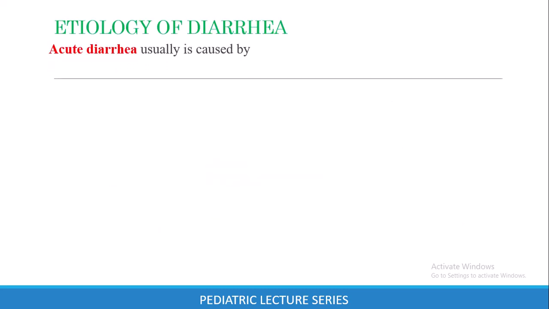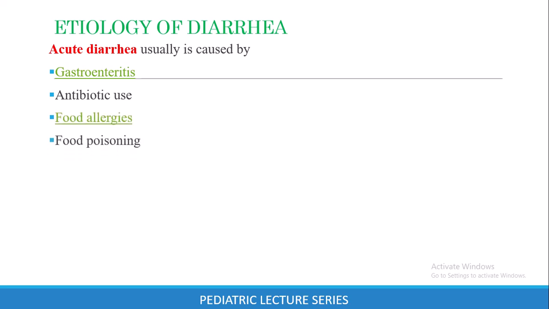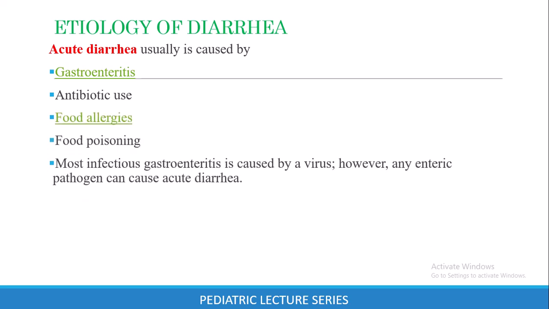So let's classify the etiologies of diarrhea. We have acute causes or the causes of chronic diarrhea. So in acute diarrhea, you can have gastroenteritis, inflammation of the GIT, you can have antibiotic use, you can have food allergies, you can have food poisoning, and also viruses, mostly rotavirus causes acute diarrhea.